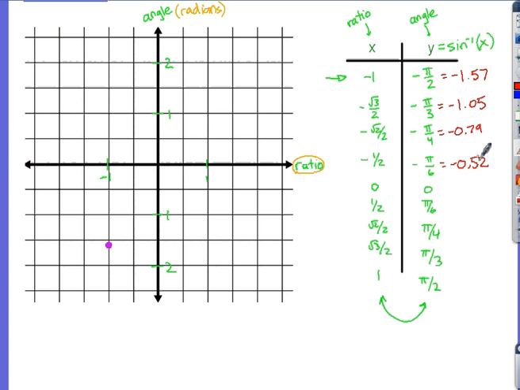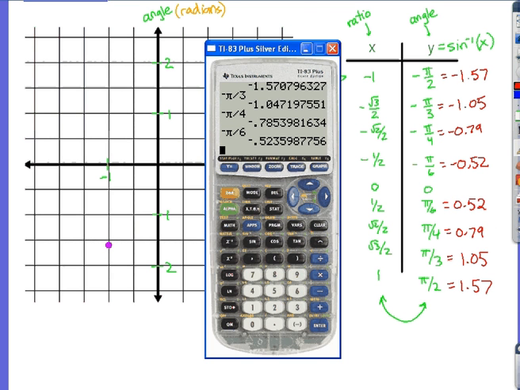Okay, and the rest is symmetrical here, so this is just going to be 0.52, and then we've got 0.79 and 1.05 and 1.57.